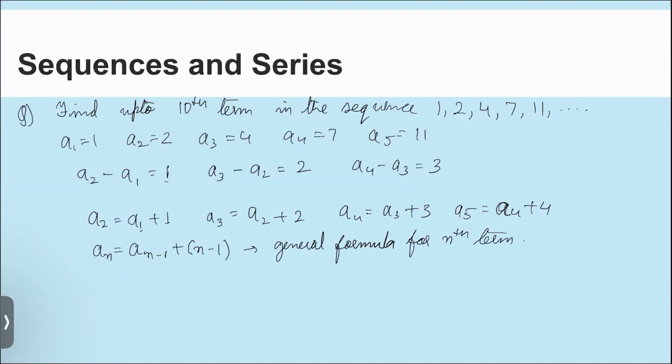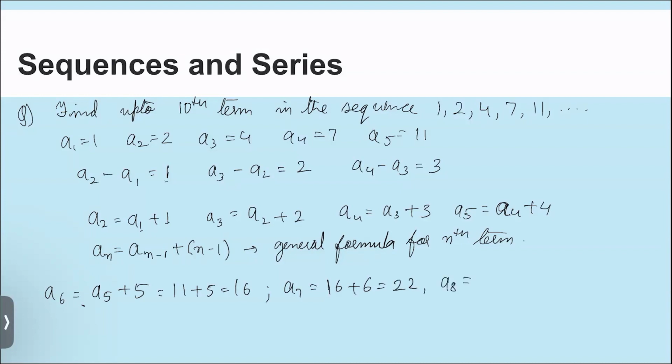Okay, so now you want to find up to the 10th term. We have till A5. We will go for A6. So A6 would be A5 plus N minus 1, so this will be plus 5. A5 was 11, plus 5 equals 16. Similarly, your A7 will become A6 plus 6, so 16 plus 6 is 22.